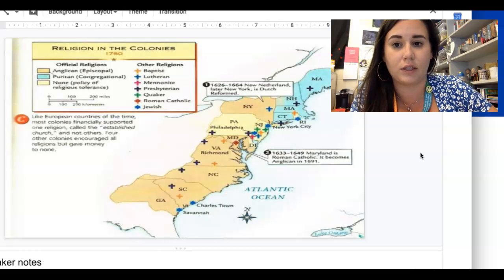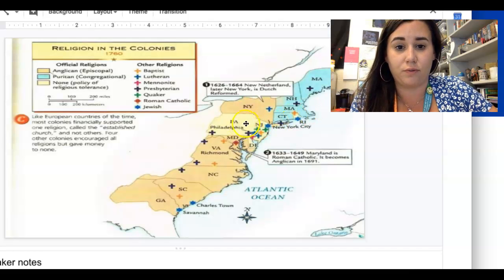All right, here's where it's really interesting. We see all of the colonies broken down. The Anglican Church dominates the South. Puritan Church dominates New England. And then we have 4 colonies with no official church: Pennsylvania, New Jersey, Delaware, and Rhode Island.